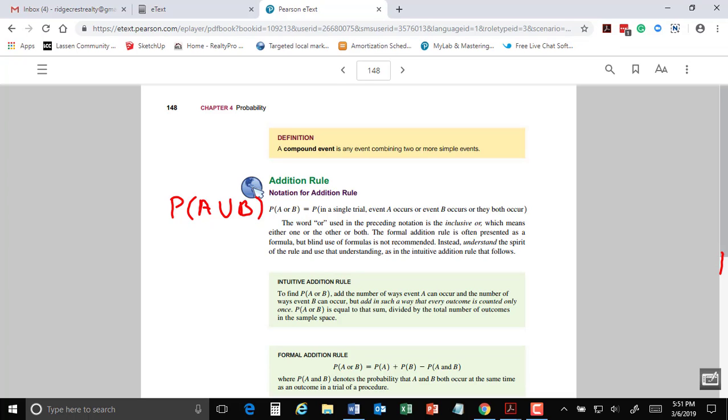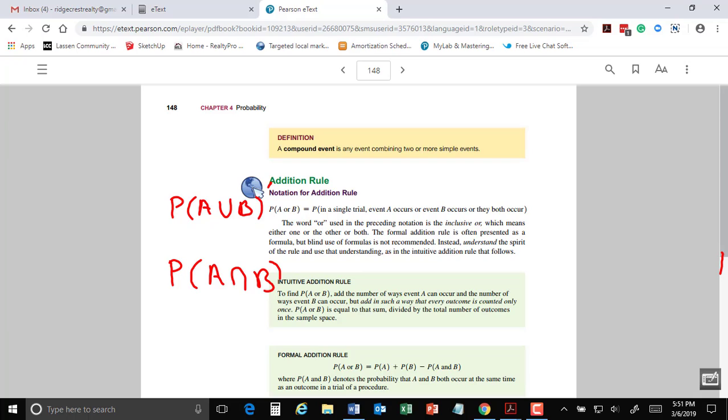Unless there's an intersection. Notice that that's and, not or. And is the intersection of those two circles on the Venn diagram, right? That would be the probability of A and B. This becomes the multiplication rule. So when we have or, we have the addition rule. When we have and, we have to take into account the multiplication rule.